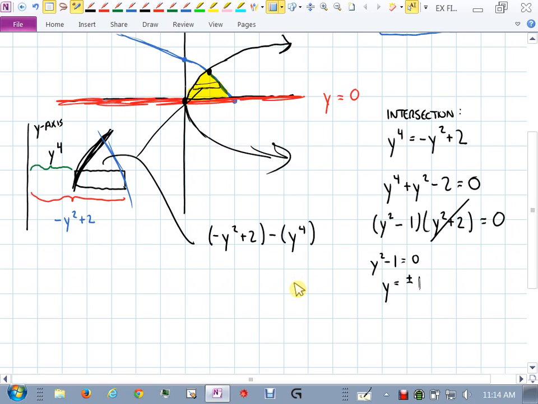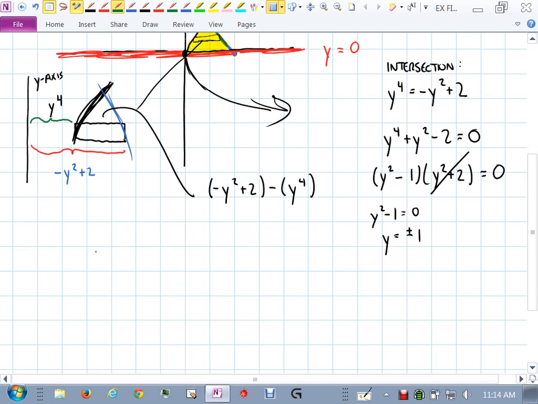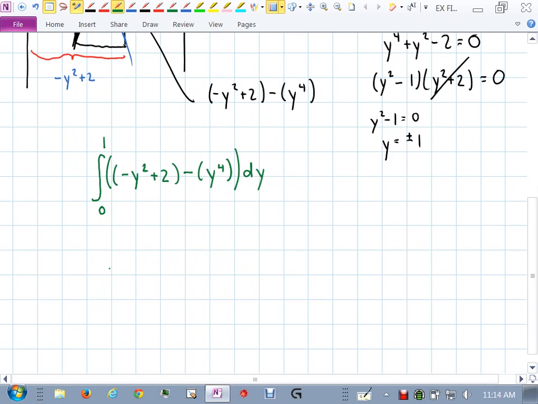All right, any questions? I'm going to set up the integral. So my integral is going to go from 0 to 1. It'll be the negative y squared plus 2, take away the other one, y to the fourth, and then dy, right? We can clean that up a little bit.